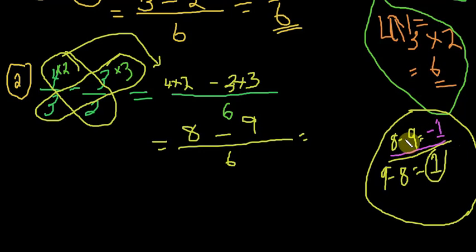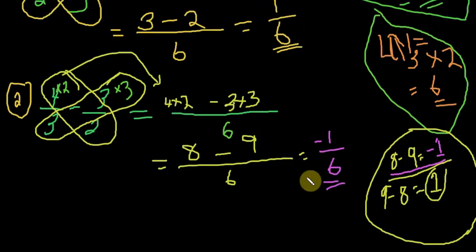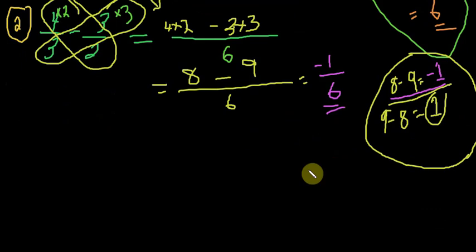Okay, we'll talk about negative numbers another time. So for now, just know it's negative 1 over 6. Negative 1 over 6. Sorry about my throat.